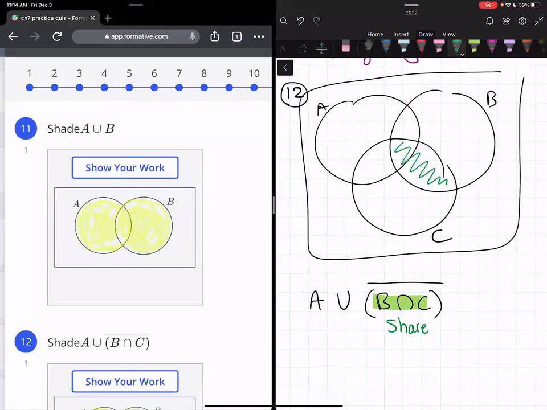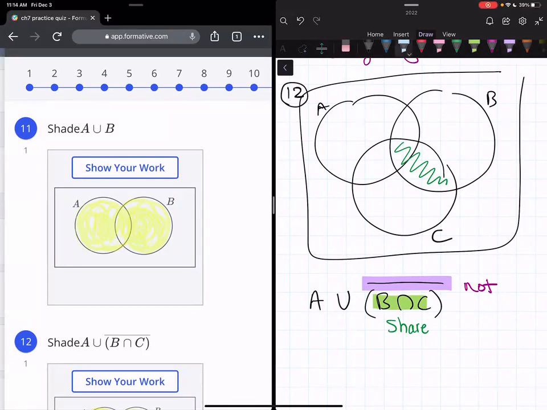What does the big bar at the top mean? Not that. So not that is everything except for that, like the entire universe, but not that little bit. So it would be most of it. But I'm not going to do that as a work part yet. We're not done yet.